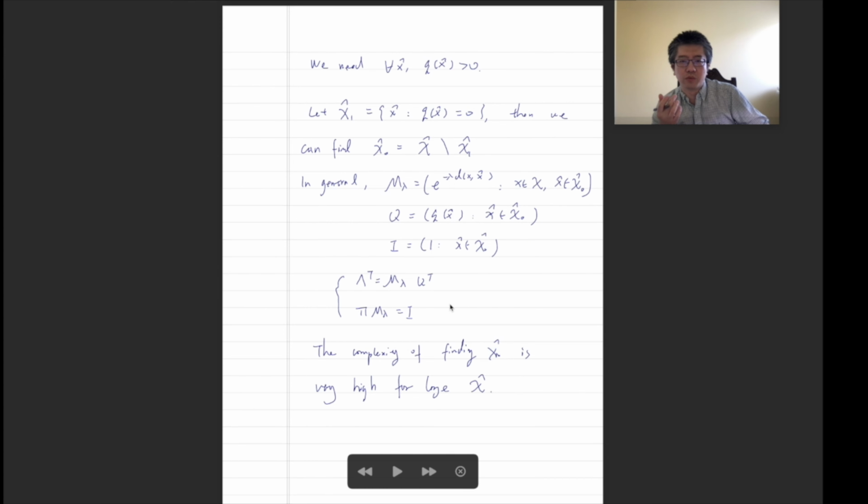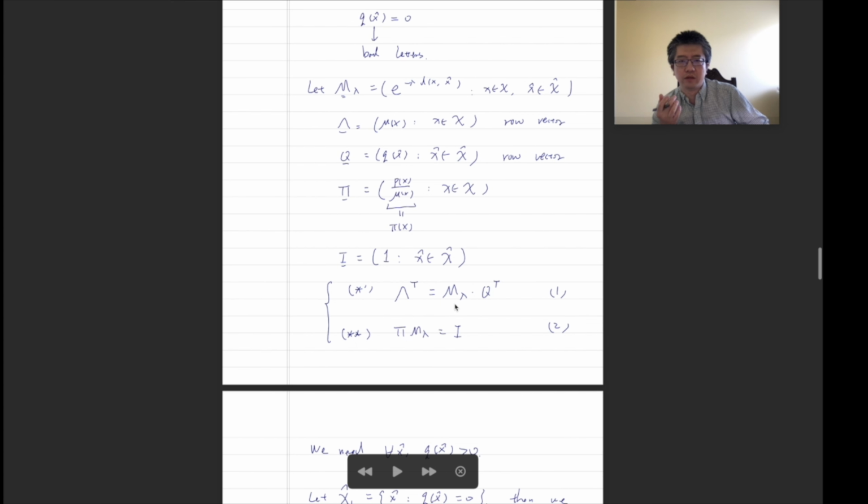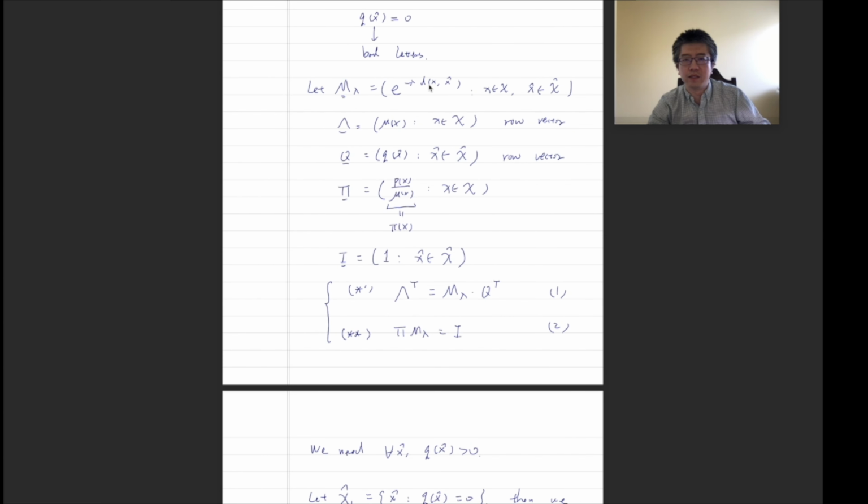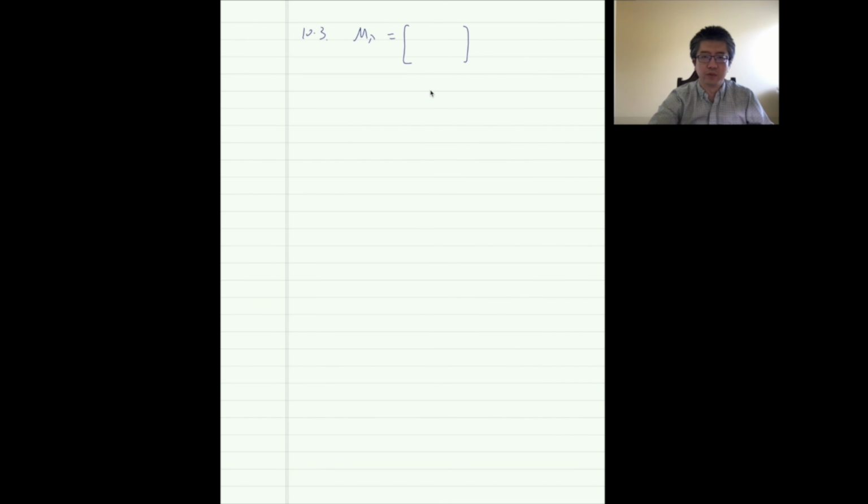Okay, so maybe let's use this approach to compute it. First, we're going to use these two equations, which means we need to characterize all the needed matrices and vectors. So M lambda here is e to the power of negative lambda d of x, x hat, and we can see that we have 1 here, e negative lambda a here, and e negative lambda b here.